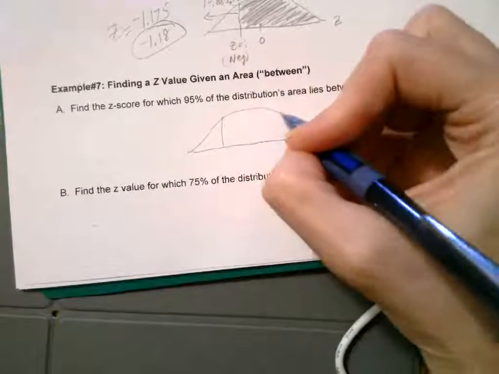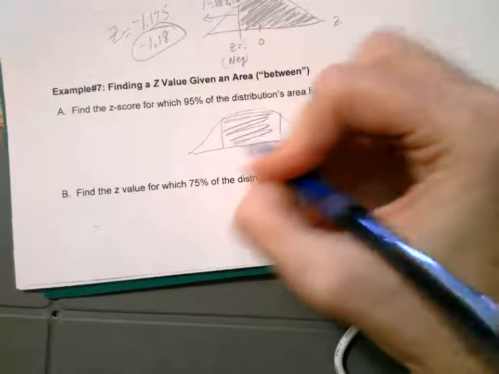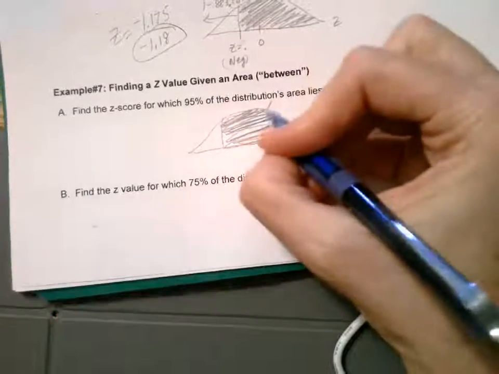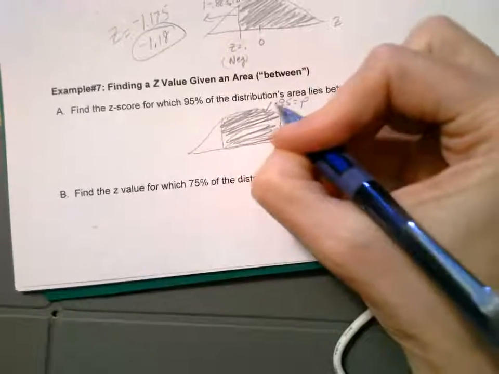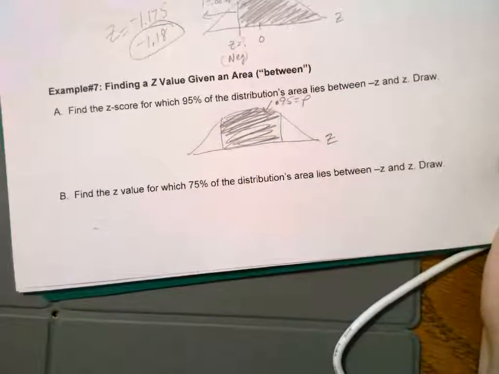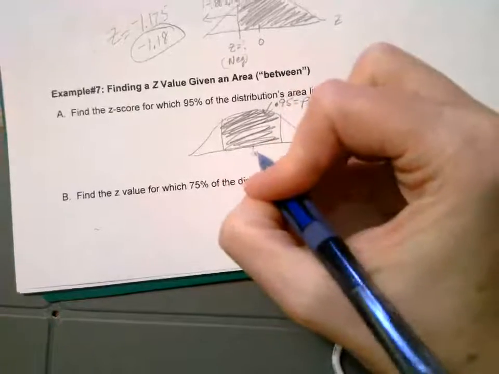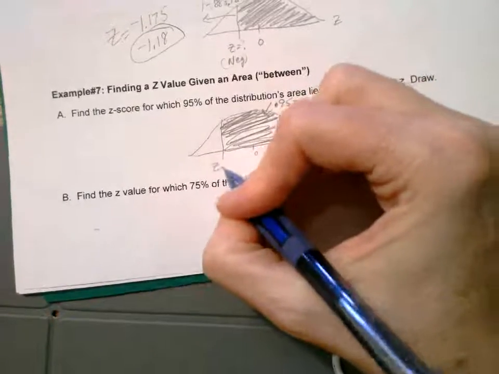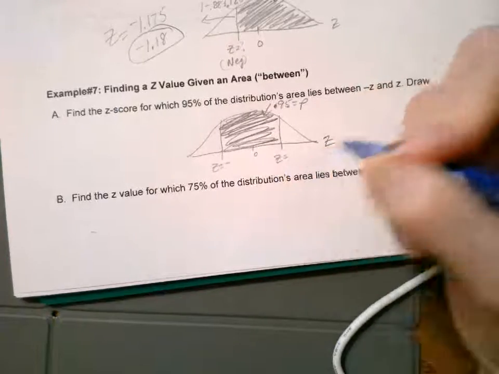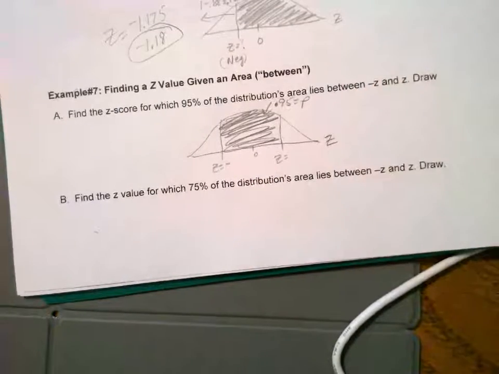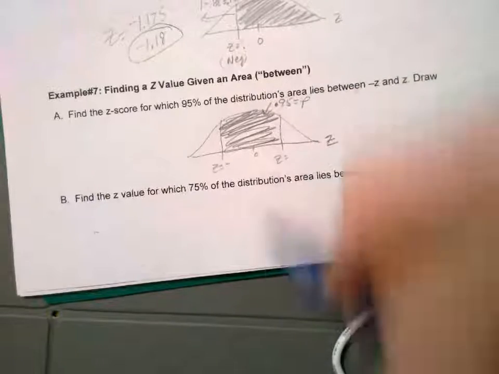So basically they're saying 0.95 for P. They want to know this negative z and this positive z, and they're going to be the same number on each side, just one's positive and one's negative. Now this is a little tricky.